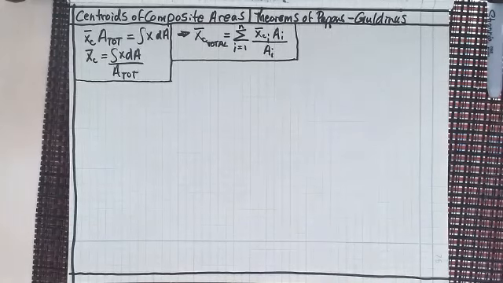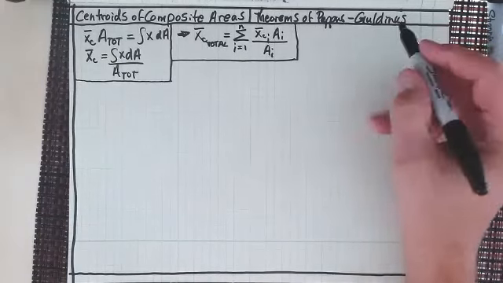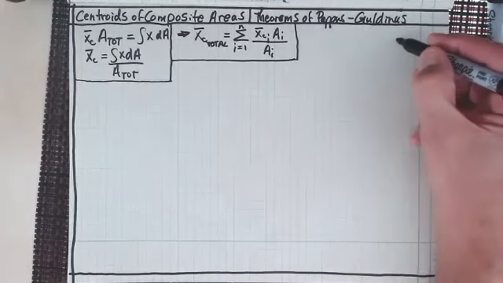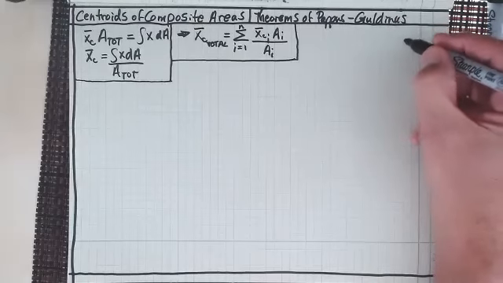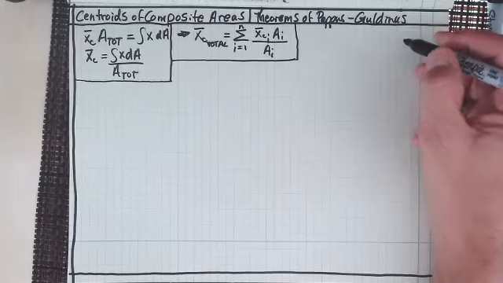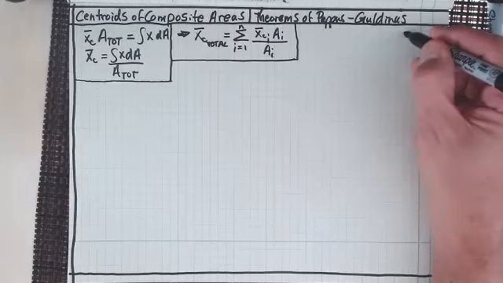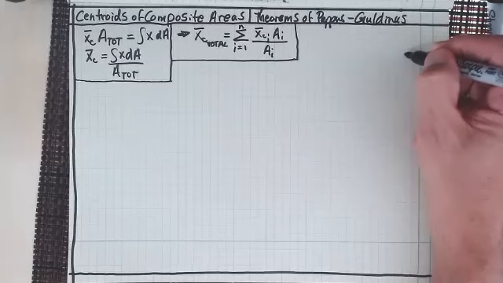And I want to look at just two examples of this, and see how we would put together the individual areas, either adding them together or taking them away. So the first one is going to be a composite cross-sectional area. This is nothing all that interesting or anything you're going to see in the future. But let's see, 1, 2, 3.